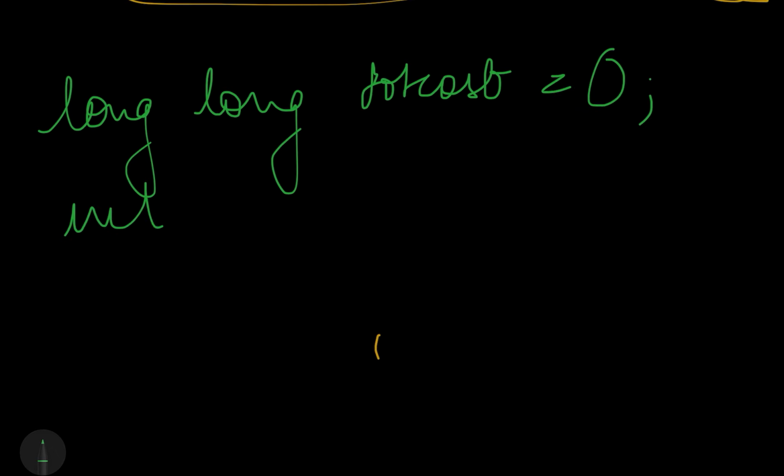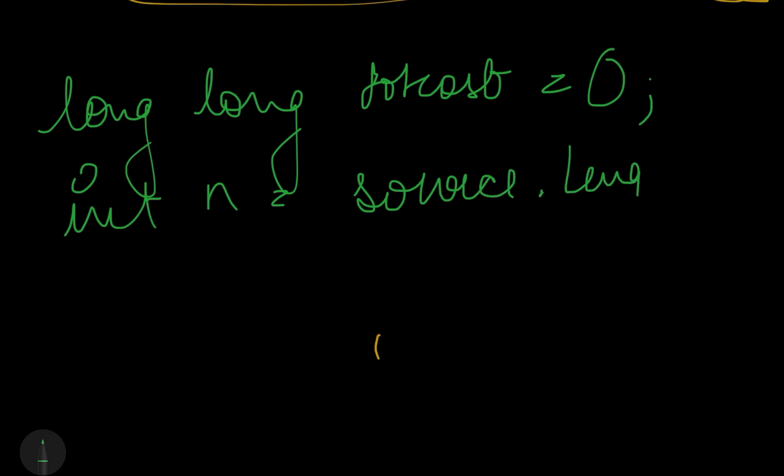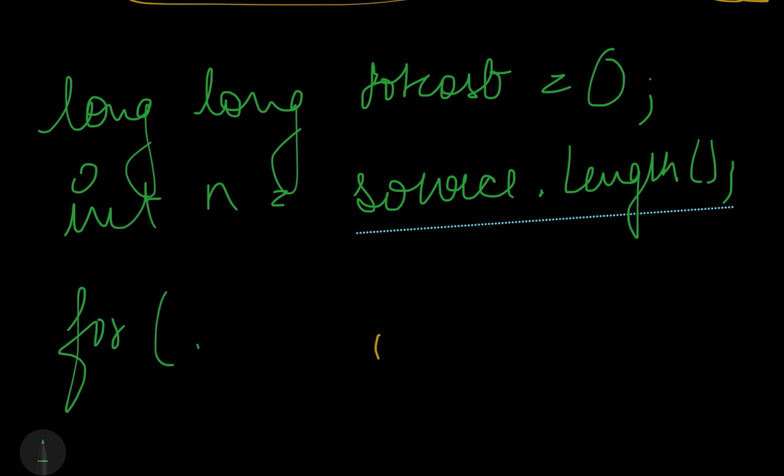Now we'll calculate the total cost, which is long cost equal to 0, and define one variable to store the source dot length. Now we'll compare each character.